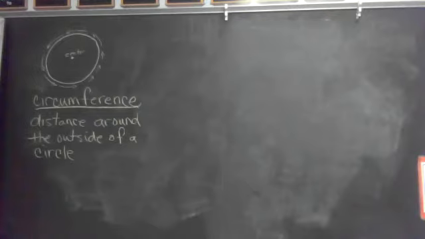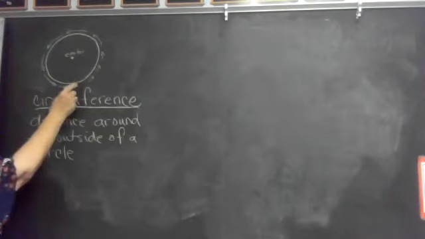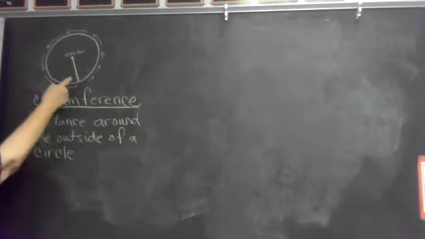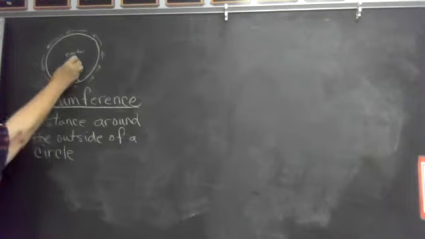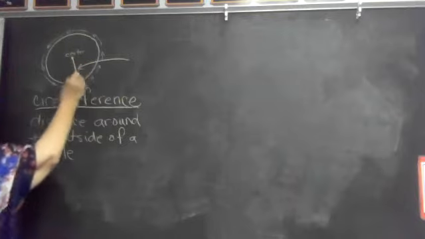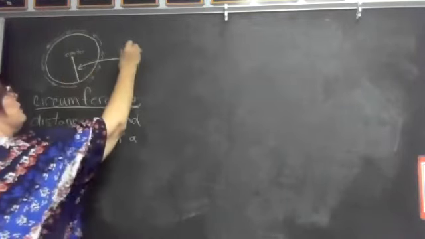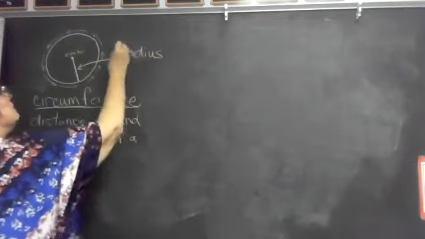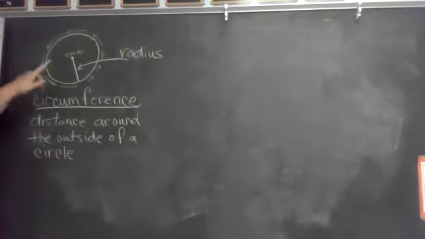Now, if you start at the center of a circle and draw a line to the outside, this length right here, starting at the center and going to the outside of the circle, is called the radius. The radius is the distance from the center of a circle to the outside of the circle.